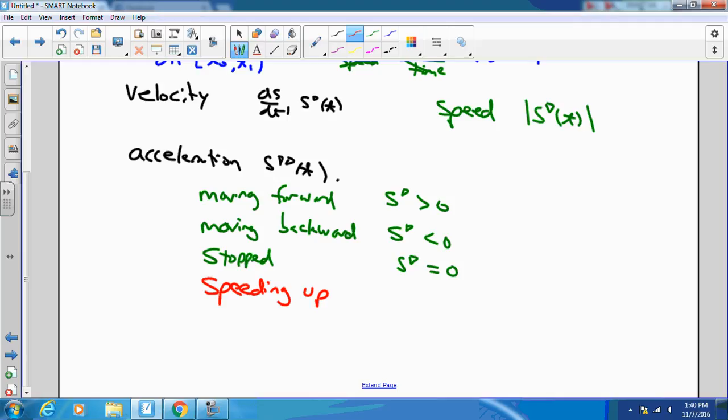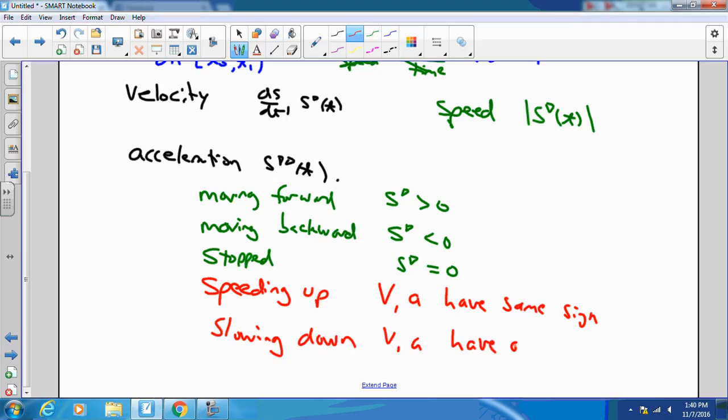Speeding up means I'm moving in a certain direction and I accelerate in that direction. The signs of what? Acceleration and velocity. That's right. Velocity and acceleration have the same sign. And slowing down means that velocity and acceleration have opposite signs.